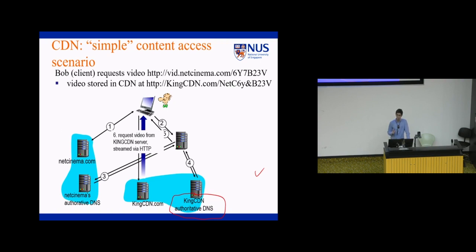It performed load balancing. It particularly chose this CDN server to serve Bob. King CDN might have many other servers that keep the same format of the same video file, but it can choose the best one for serving Bob.